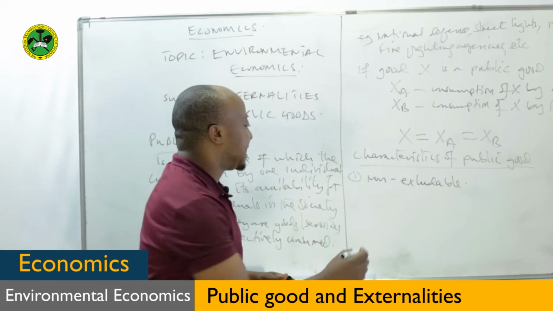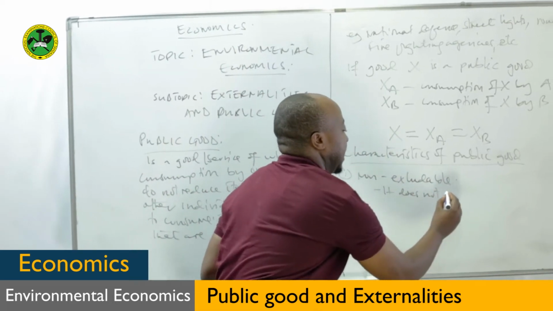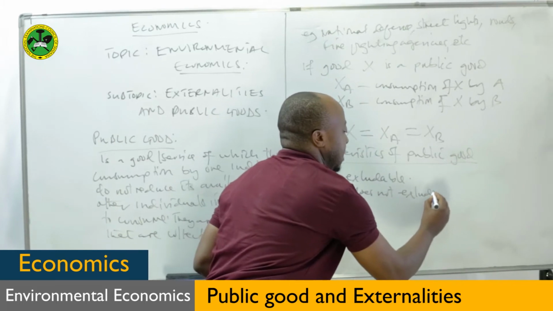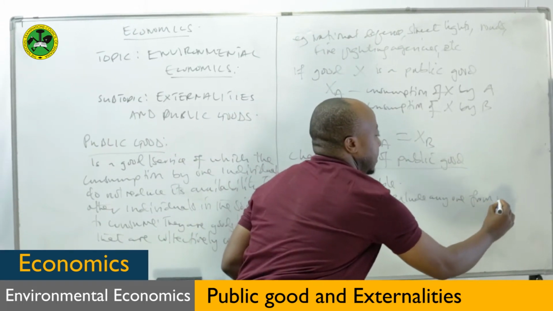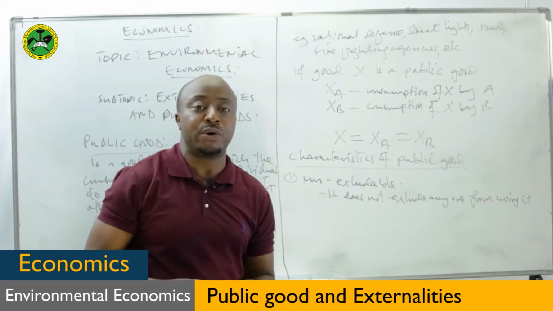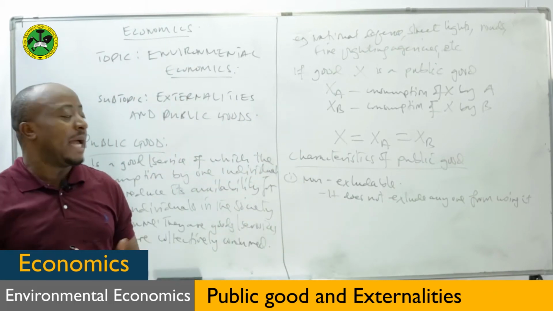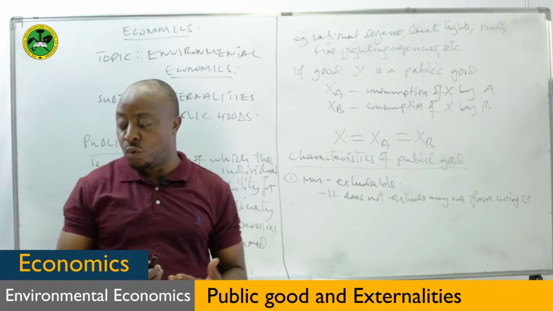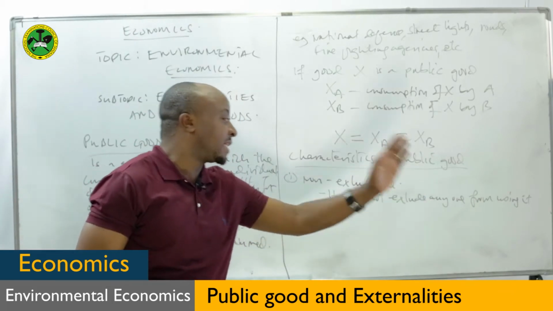That means it does not exclude anyone from using it. So when a public good is produced, it does not exclude any member of that society, any member of that area, from consuming that public good. That is the case of excludability.